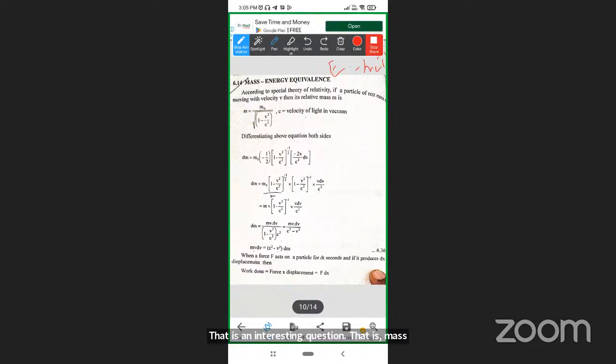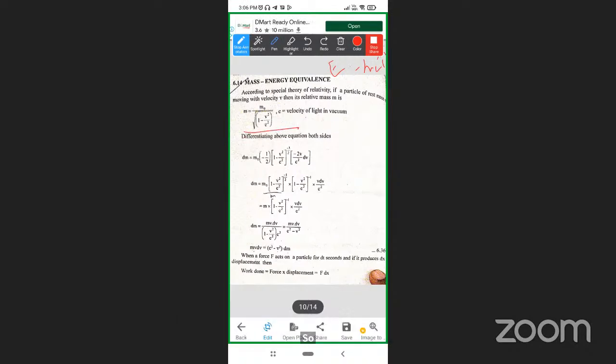So here you can observe that, according to the special theory of relativity, for a particle of rest mass m naught moving with velocity v, it is related to the mass m. That equation is m is equal to m naught by under root of 1 minus v square by c square.